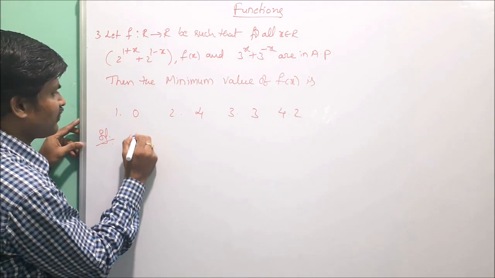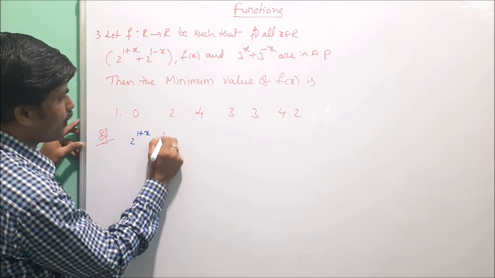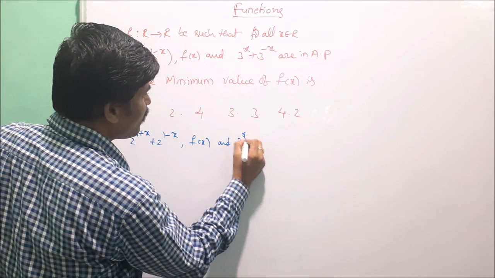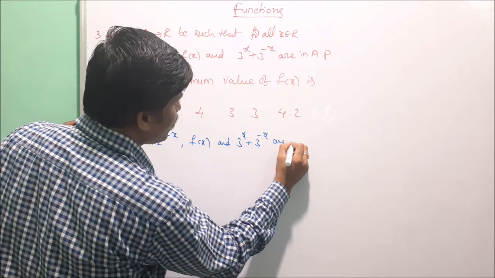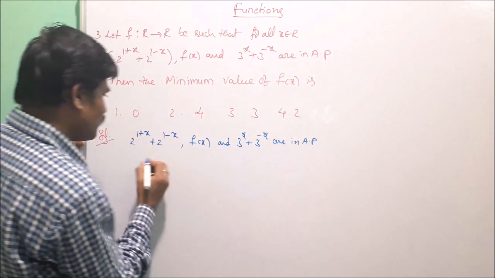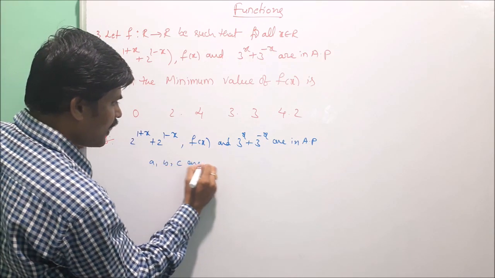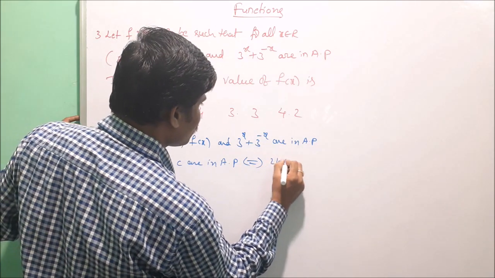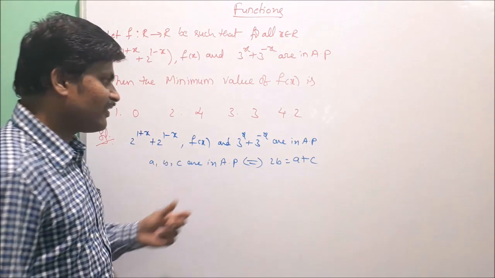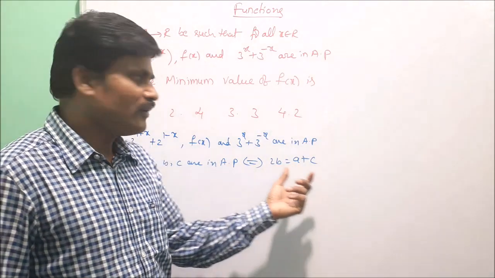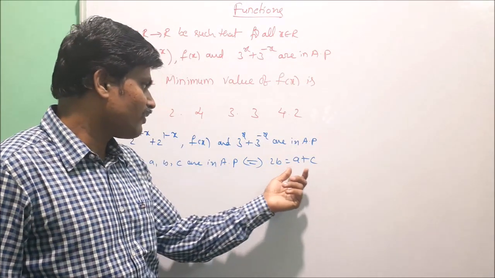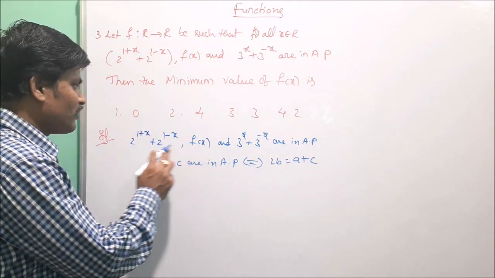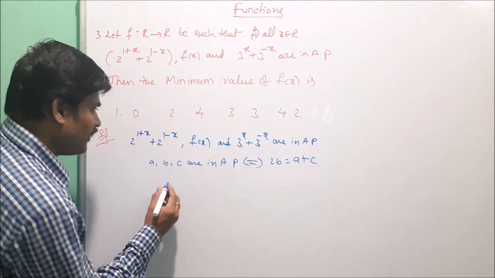The given condition is 2 power 1 plus x plus 2 power 1 minus x and f of x and 3 power x plus 3 power minus x are in AP. Here we know that a, b, c are in AP if and only if 2b equals a plus c. This is the relation of arithmetic progression. The relation between the terms is 2b equals a plus c or b equals a plus c by 2. Now substitute the values in this formula.